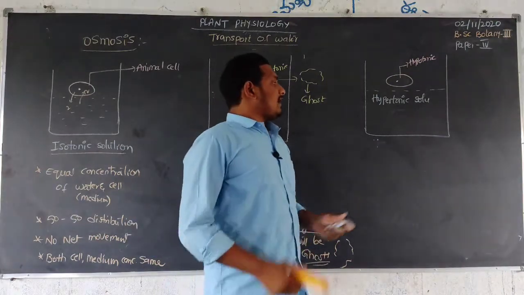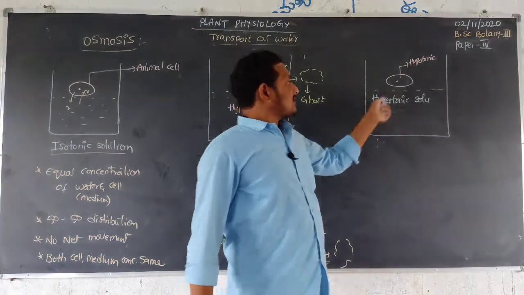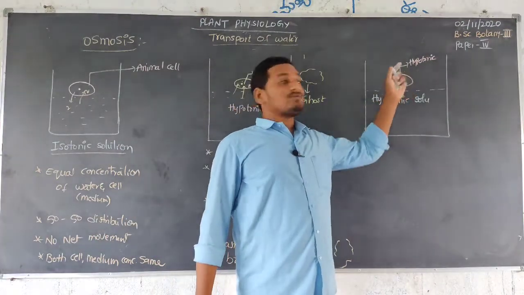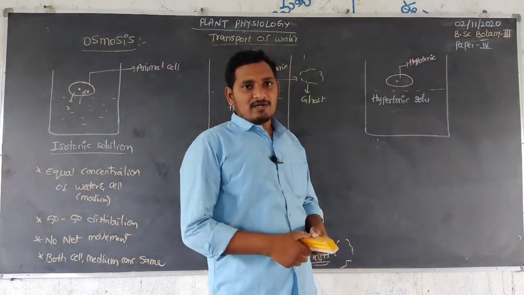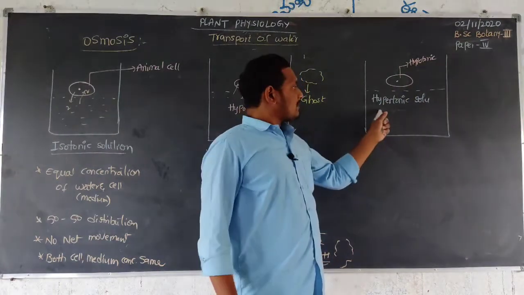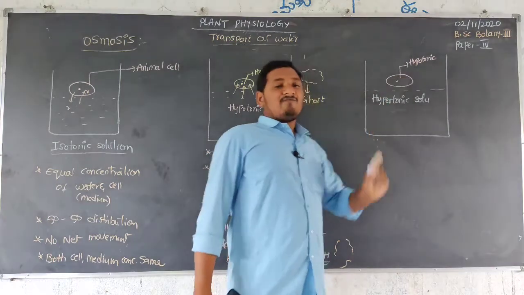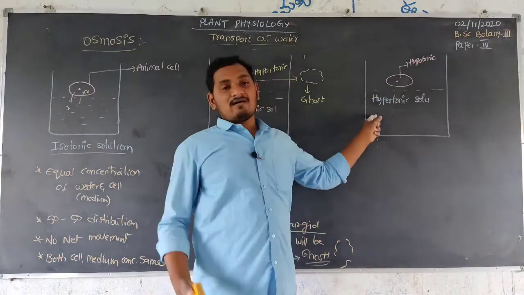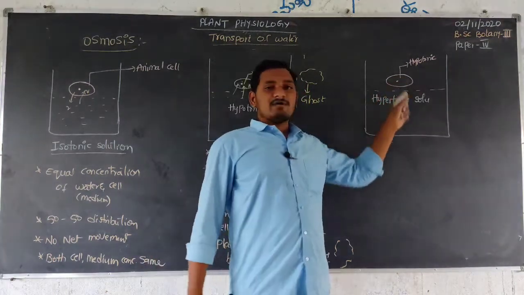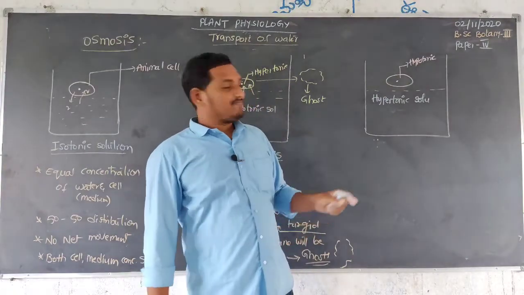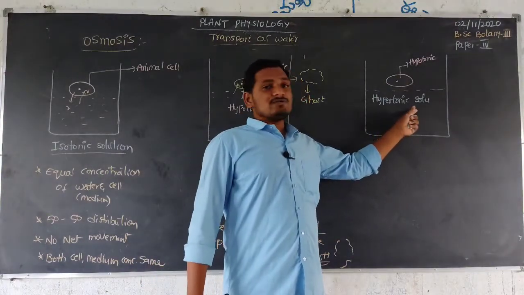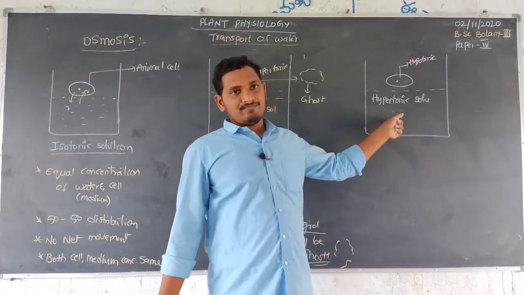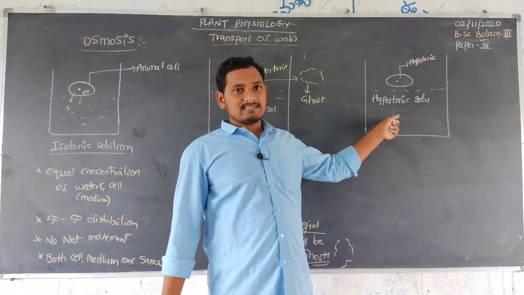Why? Because the medium is hypertonic, the cell concentration becomes less. When the medium has high concentration, the cell becomes less concentrated. So in the hypertonic solution, the concentration is high and free water molecules are fewer.